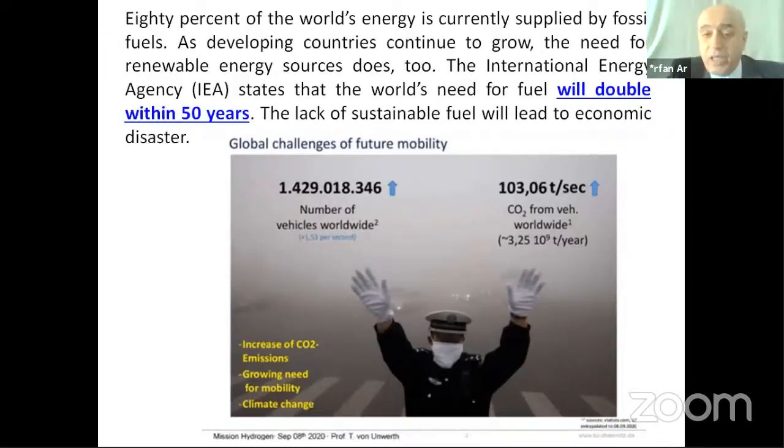This means that this many vehicles emit 103.06 tons of carbon dioxide per second. This is a huge number and very dangerous. Increase of carbon dioxide emission means growing need for mobility, and it leads to climate change.